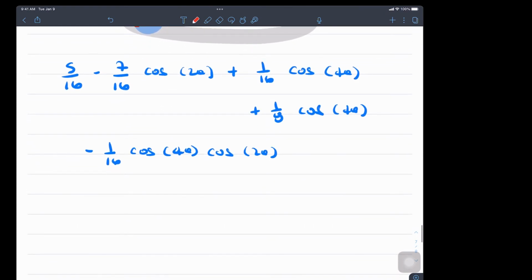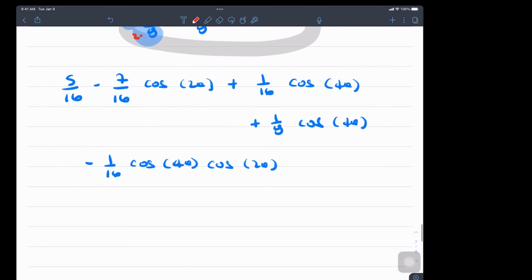And in all honesty, now you just have to do what? What do you guys think you just have to do at this point? Right there. Combine like terms. But what's the problem with the numbers in front? It's 2.